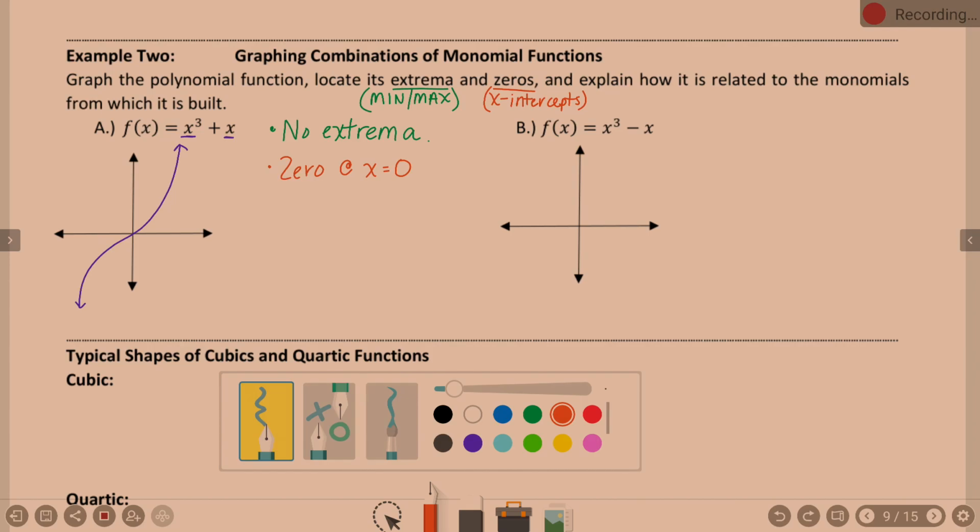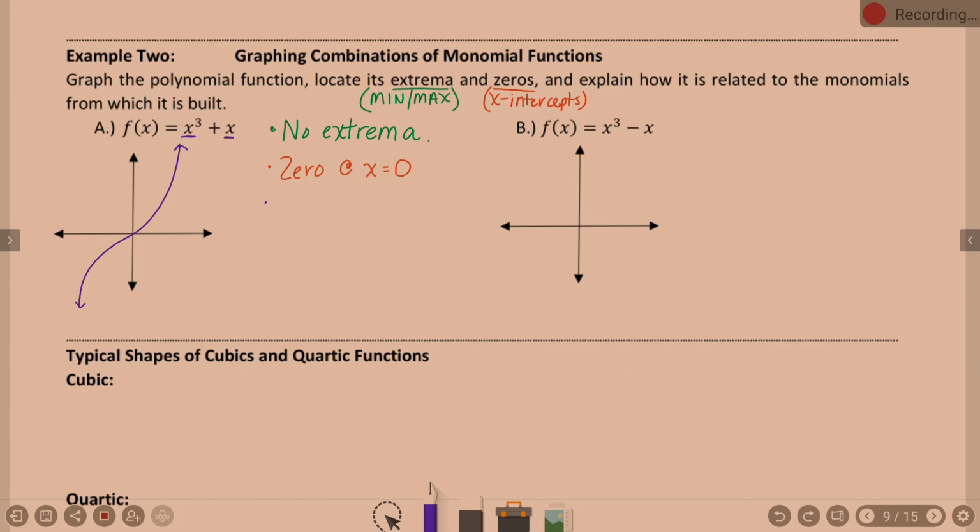And then the third part we've already talked about, and that was to explain how it's related to the monomials from which it's built. Here we're going to talk about overall, the shape is like x to the third. Near the origin, the shape, or the slope, you could say, is like y equals x.